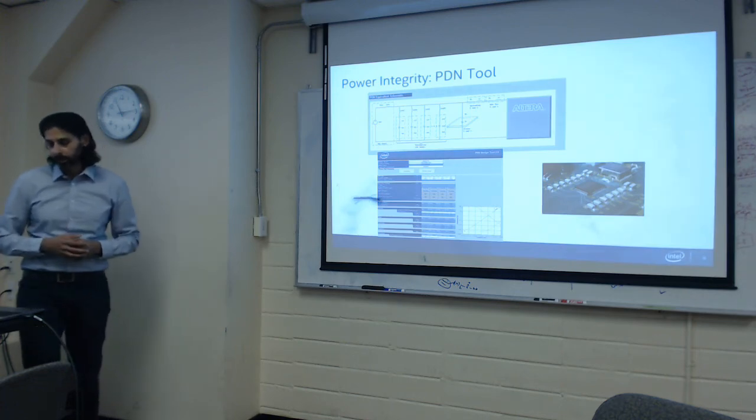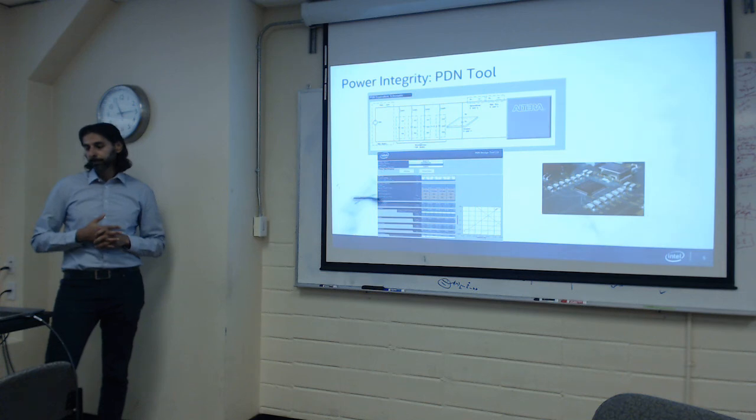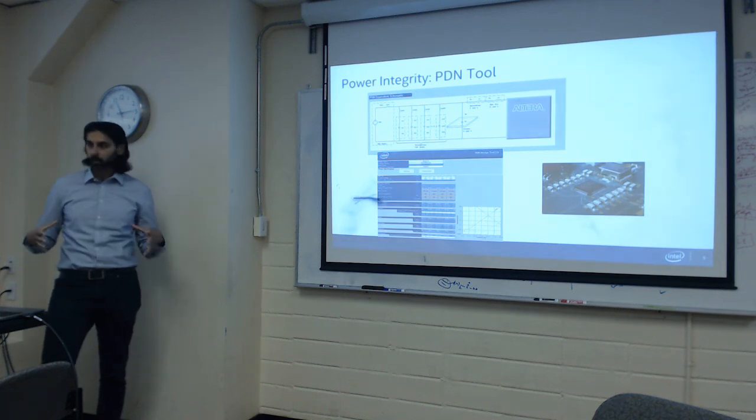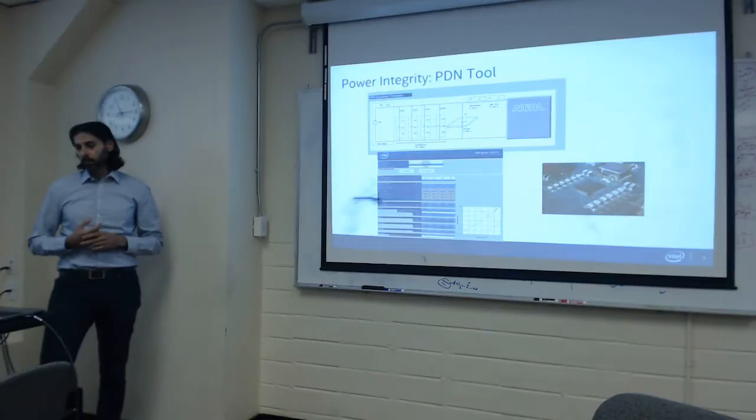And lastly, power integrity, so power distribution network. One of the challenges of designing a board that will house an FPGA is, like I said, how do I design the power tree that provides the power for the various domains that the FPGA requires? And one of the considerations you have to take into account is decoupling capacitance.